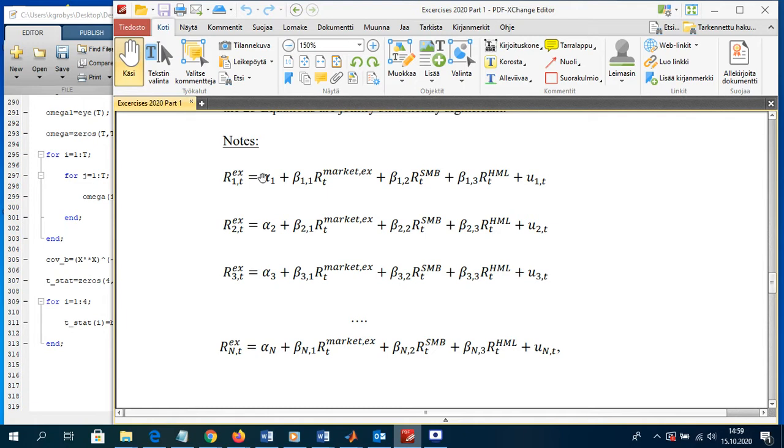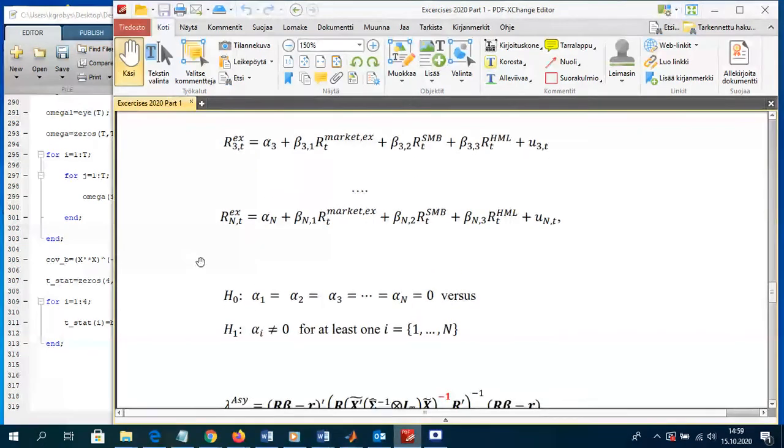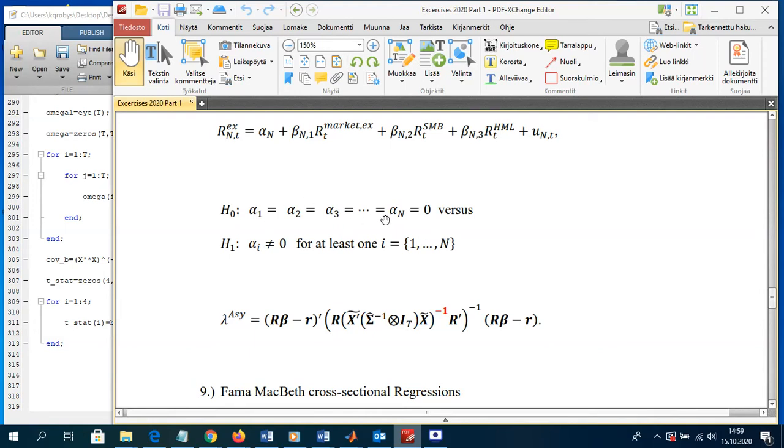If it can, well, then obviously the intercept terms would be jointly zero, because if the Fama and French three-factor model can explain the return evolutions of our stocks completely, obviously then these guys here would be zero. That's what our first hypothesis, our null hypothesis, postulates. The alternative hypothesis, or the H1, is that at least one of these intercept terms is unequal to zero.